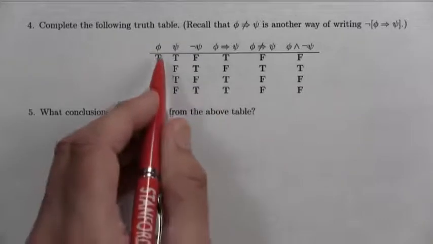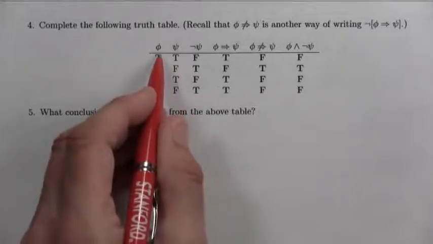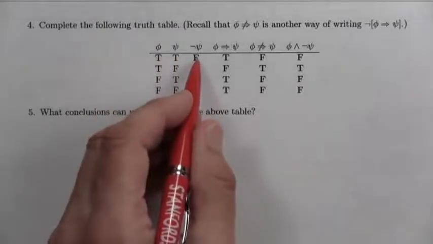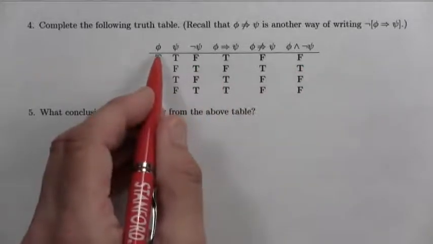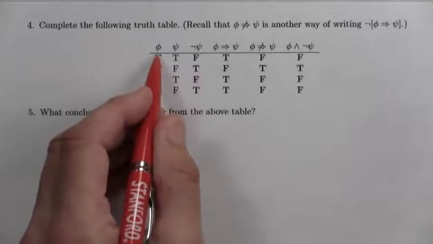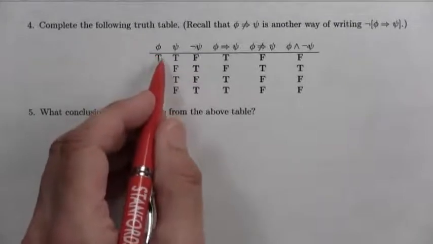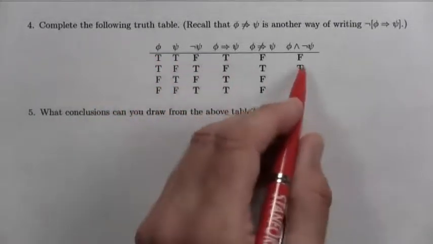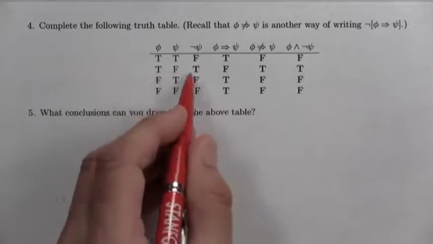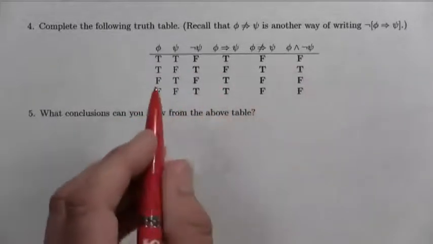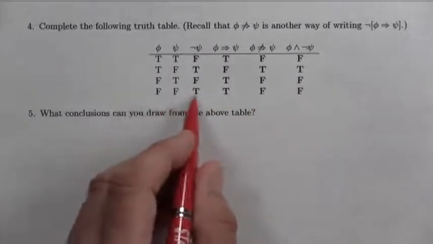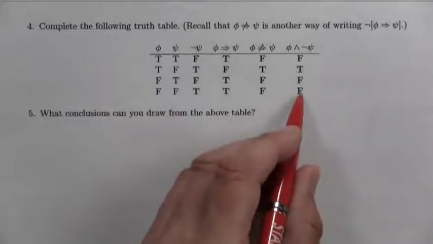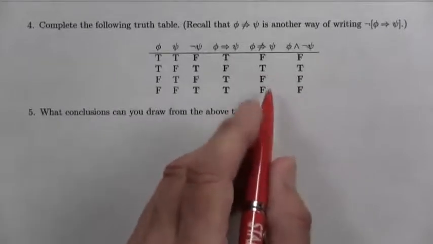And then I combined the first column with the third column using conjunction to give me this one. And with conjunction, you have to have both of them true to get a true. Well, we've got a T and an F, and that F means we're going to have an F there. Here we've got a T and a T, so I get a T there. Here I've got 2 F's, gives me an F. And here I've got 1 F, so I've also got an F. Well, that fills in all of the columns.